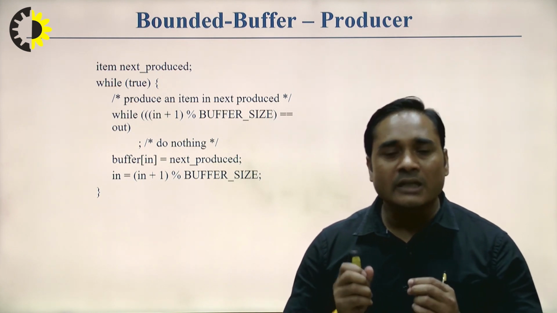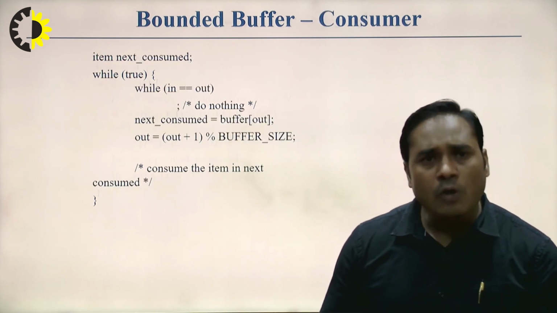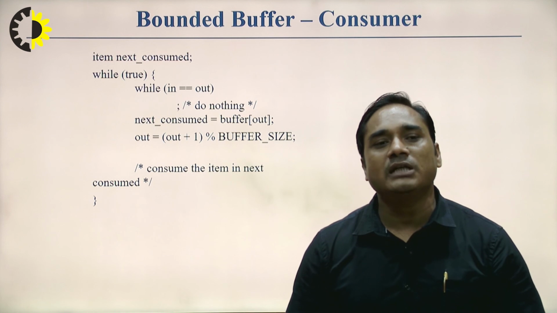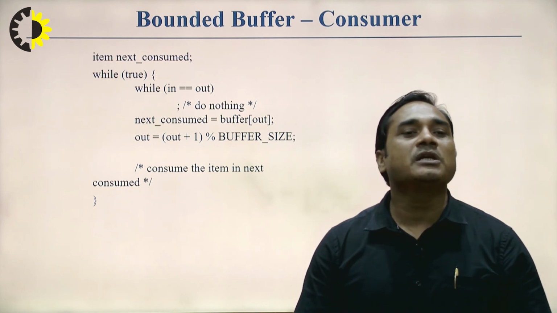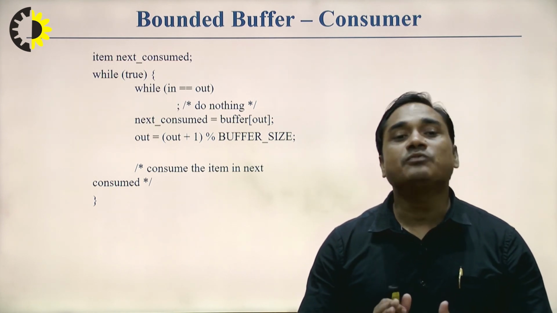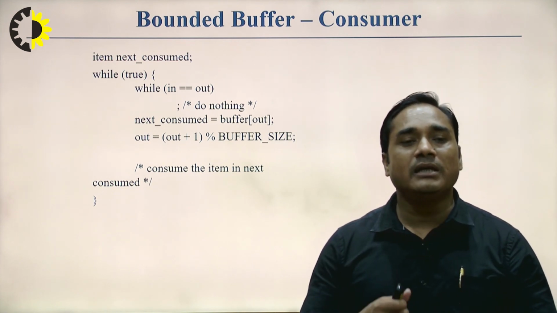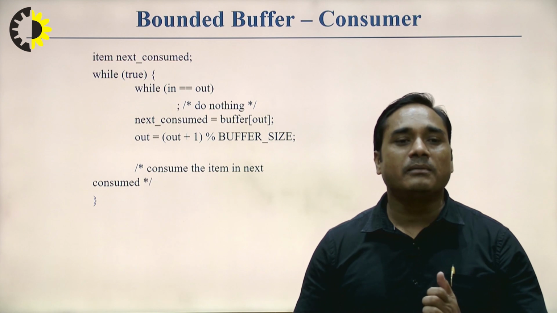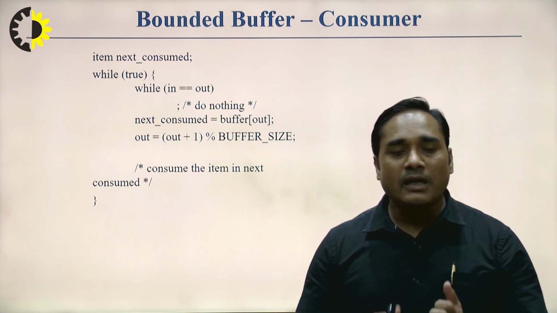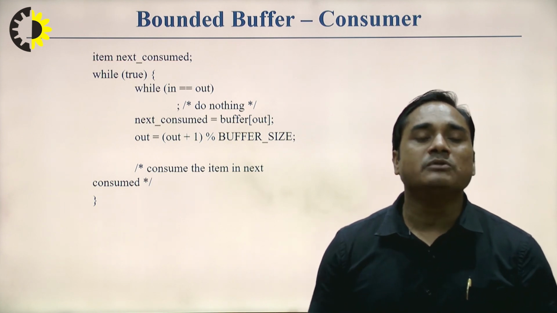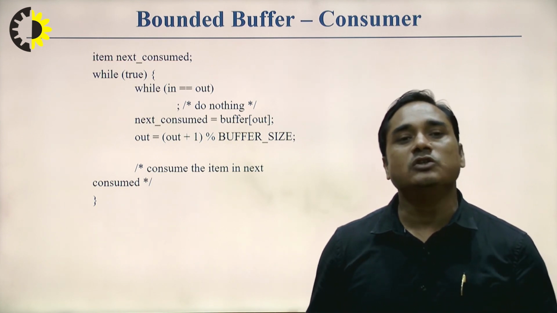Now let's move to the consumer side, and in this PPT I am going to discuss how the consumer starts consuming items. The consumer starts consuming items when the buffer is full. The consumer will consume the items one by one, and the counter will decrease its value. If the counter goes to 0, it means that all items have been consumed by the consumer side.